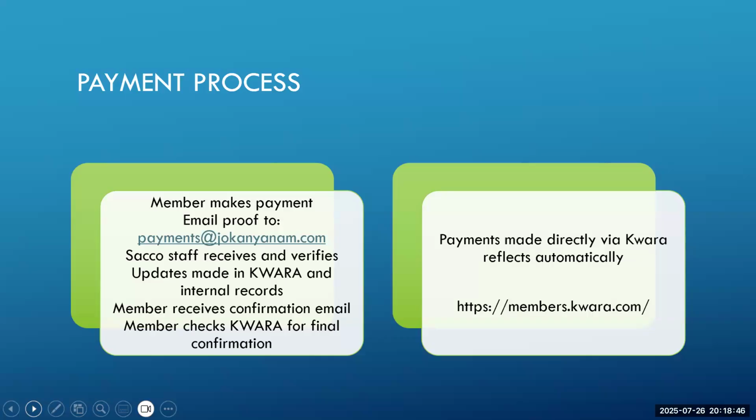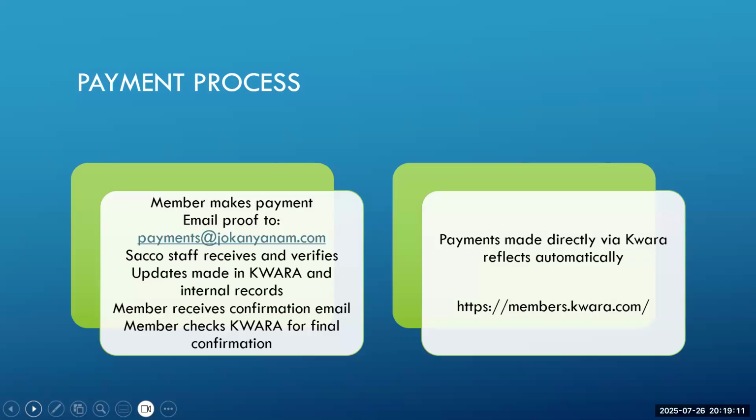When a member makes payments, she sends the proof of payment, maybe the receipt, to payments@jokanyanam. As the office, we receive, verify and allocate it as per your instructions. But mostly the priority goes to loans and share capital.